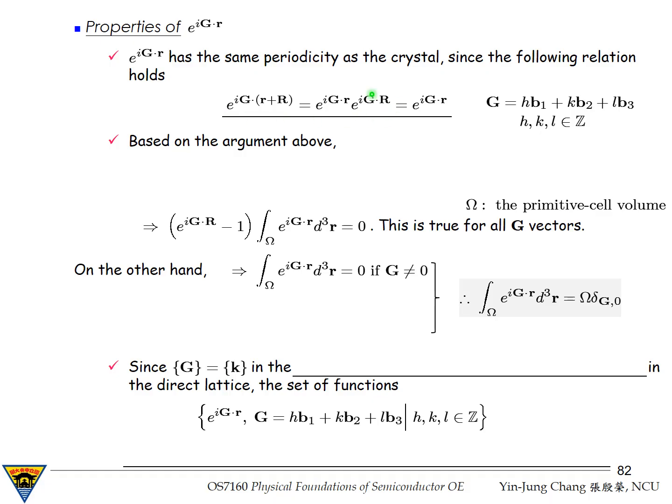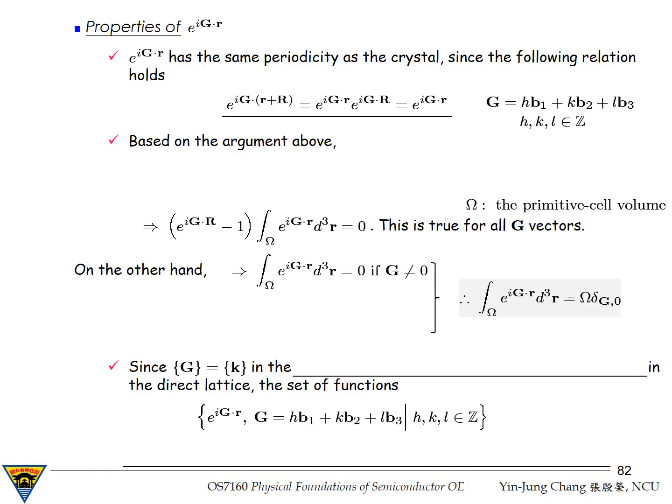Because e^(ig·R) must be equal to 1, we immediately obtain this result. This means that e^(ig·r) is itself crystal periodic. This is a very important point because it shows that these functions are legitimate basis functions for expanding any physical quantity that has the same periodicity as the lattice.